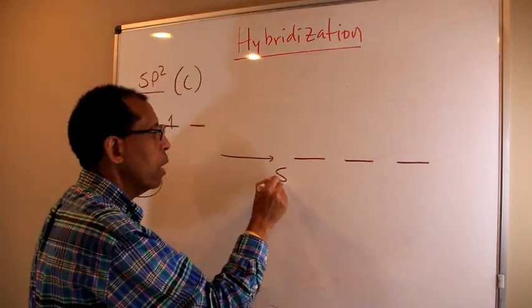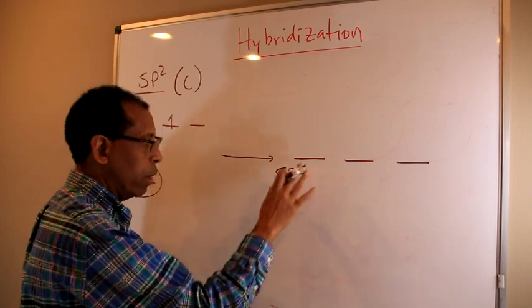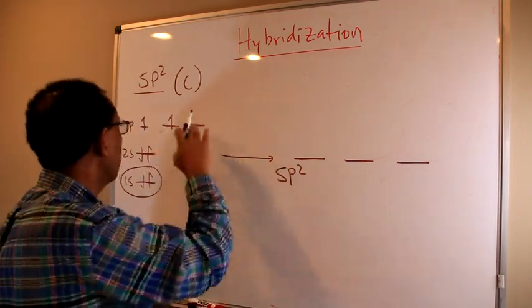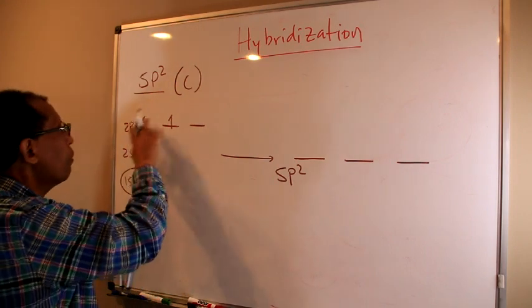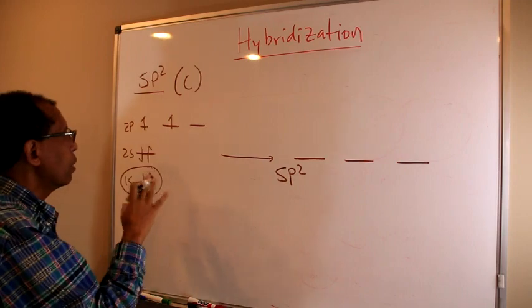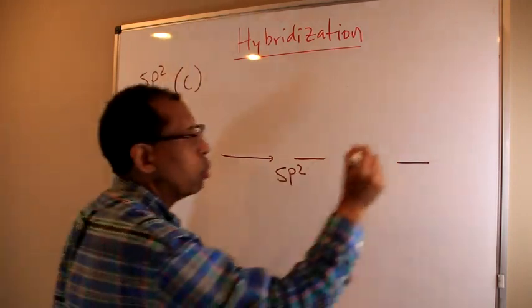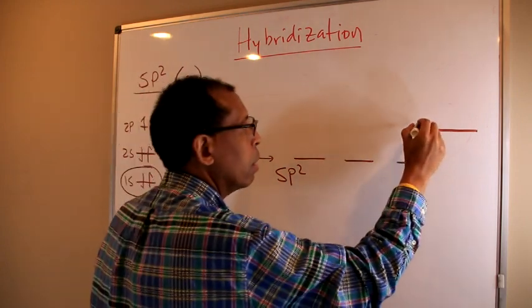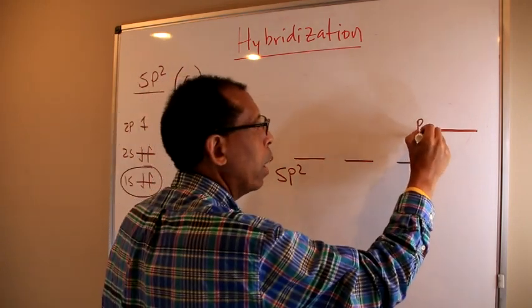These are sp2 orbitals of lower energy, but one of the orbitals, because there are 4 atomic orbitals, 1, 2, 3, 4, is not hybridized. So it will be a little higher in energy. It could be the px, the py, or the pz.